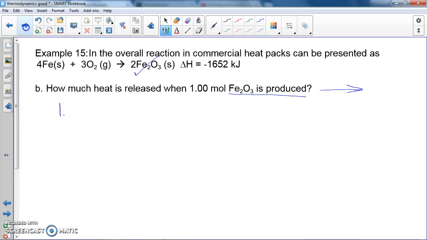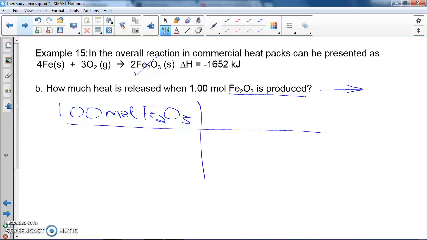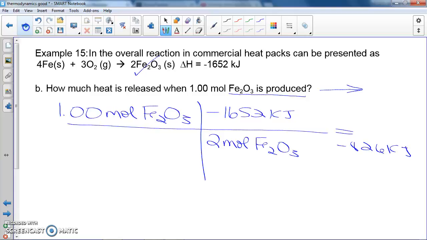So then again, I would take what I'm given, 1 mole of iron(III) oxide to be specific, is equal to, then I know for every 2 moles from my balanced equation of Fe2O3, there's negative 1,652 kilojoules. When I do that math, I get negative 826 kilojoules for my answer. Simply multiply the numbers across the top, multiply the numbers across the bottom, and divide the two.